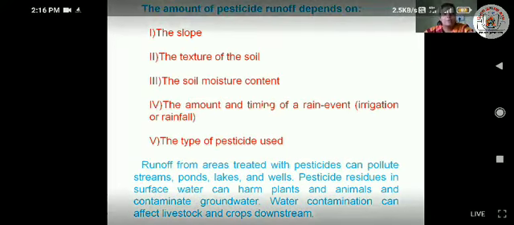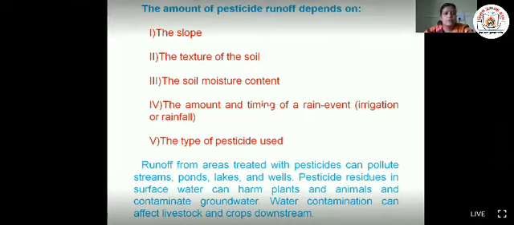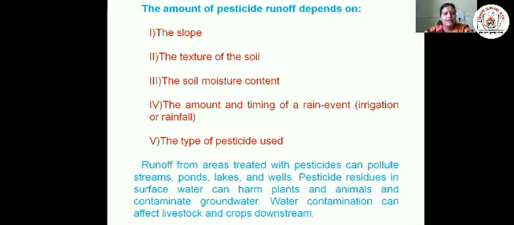The amount of pesticide runoff depends on the slope of the area, the texture of the soil, the soil moisture condition, the amount and timing of the rain event, and the type of pesticide used. Runoff from an area treated with pesticides can pollute nearby streams, ponds, lakes, and wells.